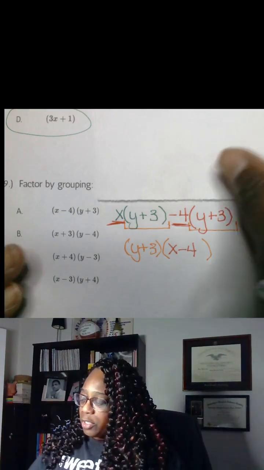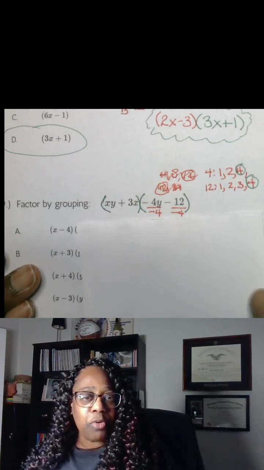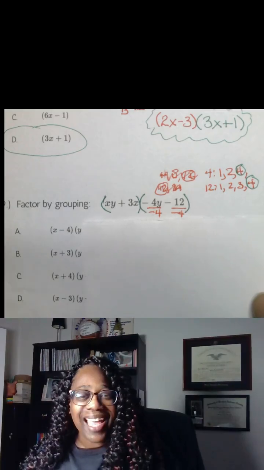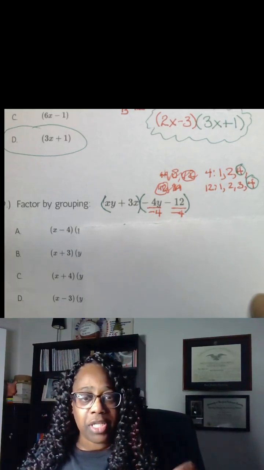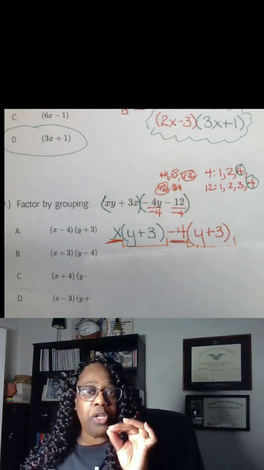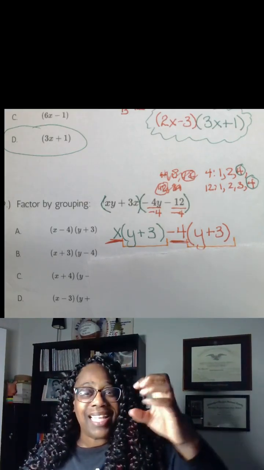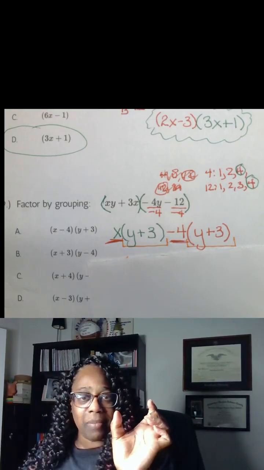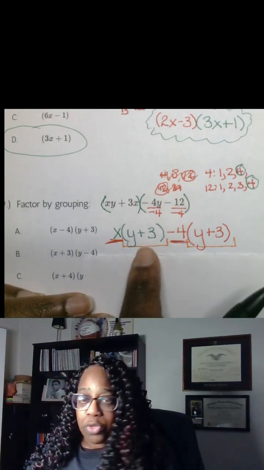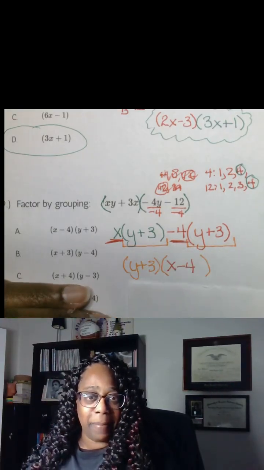So when you're doing grouping, anytime they give you 4 terms, group the first 2, group the last 2, and ask yourself, what is the GCF for each of the parentheses? Once you figure out the GCF, pull that bad boy out. What's left stays in a parenthesis. The goal is that you want these parentheses to be exactly the same.